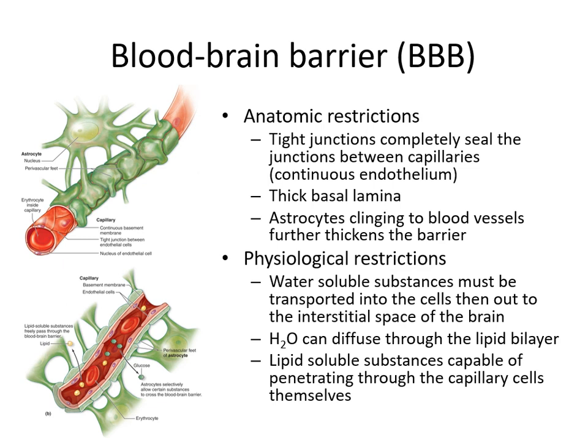So passing from the blood, you have to pass the plasma membrane to go inside the endothelial cell, and you have to pass the plasma membrane to go to the basement membrane. Pass through the basement membrane, you have to pass through a plasma membrane to get inside the astrocyte. To get out of the astrocyte and go into the extracellular space of the brain, you have to pass through the plasma membrane again. So every time you pass one of those, you need to have something to transport you across if you're water soluble.